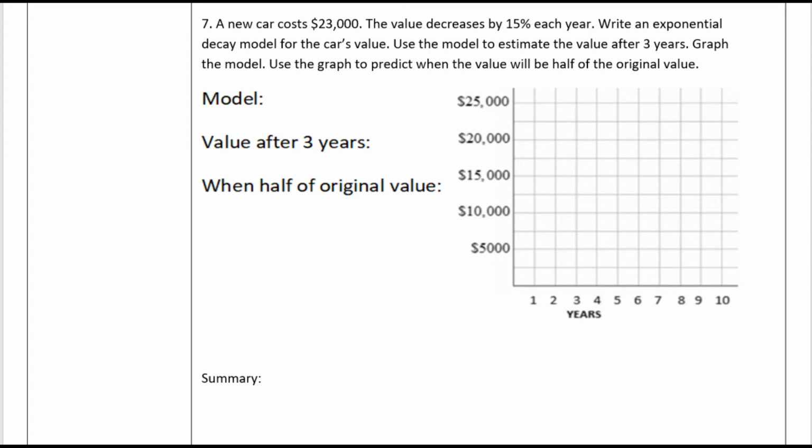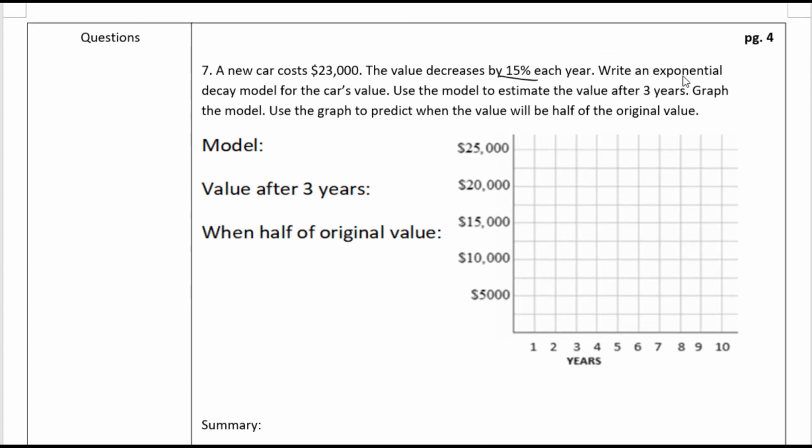So it's saying that the value decreases by 15% every year. So that's my R. So my R is 0.15. So basically we have, and then this is how much we start out with, the cost.